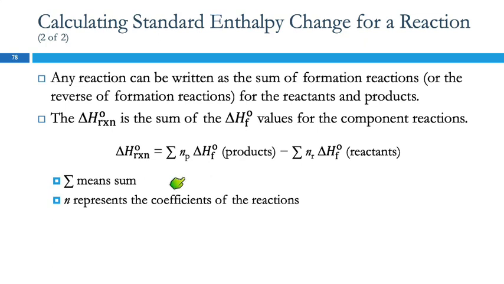So each of those has to be multiplied by a coefficient. Those are all going to be the correct sign, the posted sign for delta H. And then we're going to subtract the heats of formation for the reactants. We're subtracting those because we're taking those apart. Taking the reactants apart, and then we're forming the products.